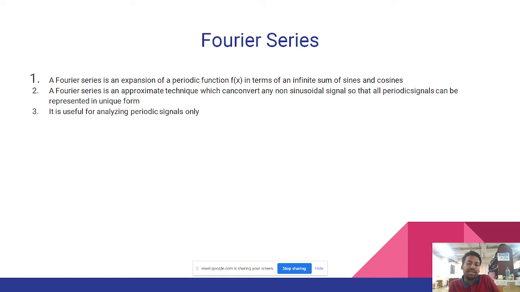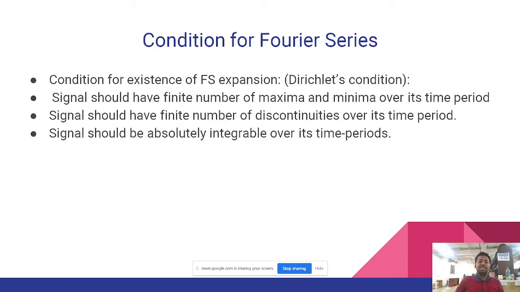So Fourier series converts a periodic signal in terms of an infinite sum of sines and cosines. It's a technique by which all periodic signals can be represented in a unique form. There are various conditions for Fourier series.